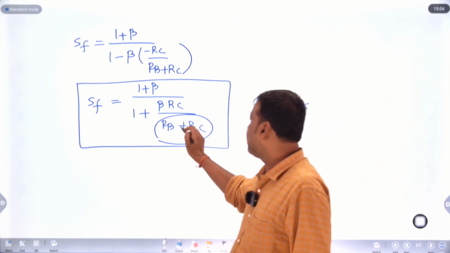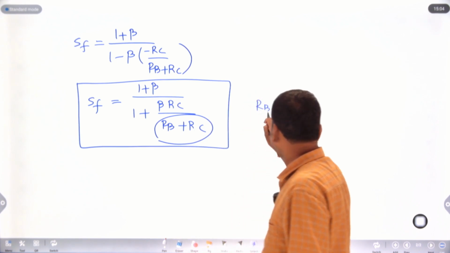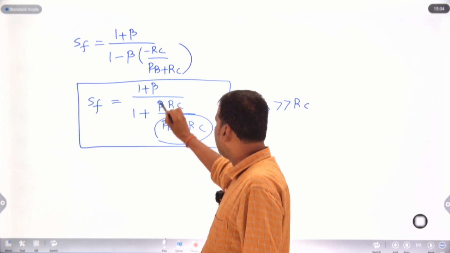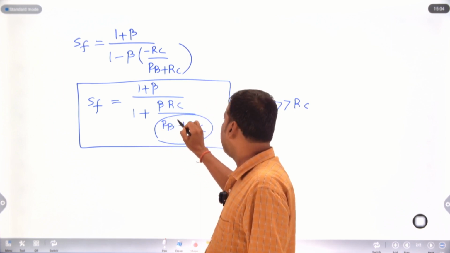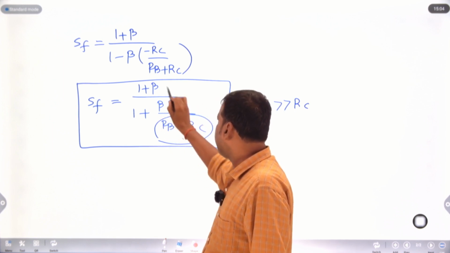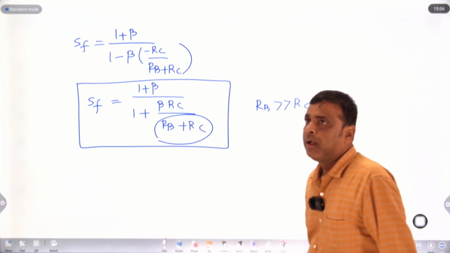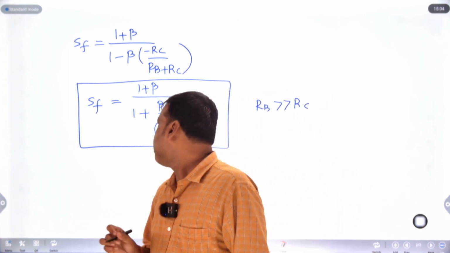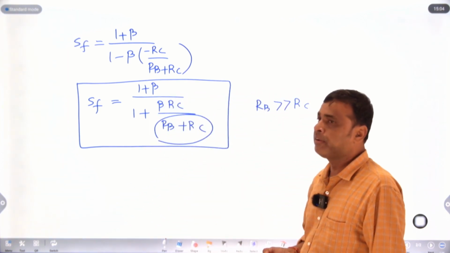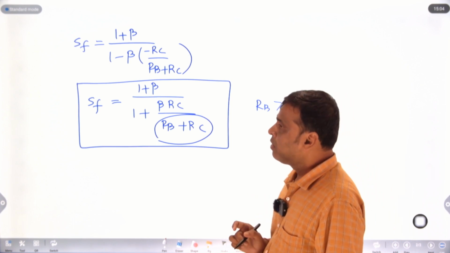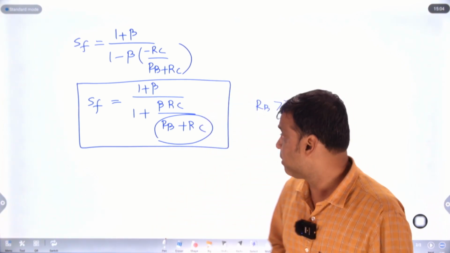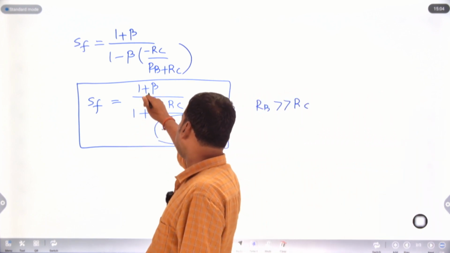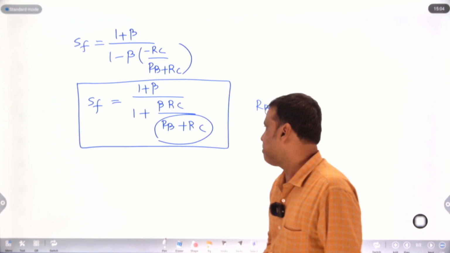This biasing method is not universal, but it is better than the fixed biasing scheme. In fixed bias, the stability factor is 1 plus beta, but in collector to base bias, it is 1 plus beta divided by 1 plus beta RC by RB plus RC.